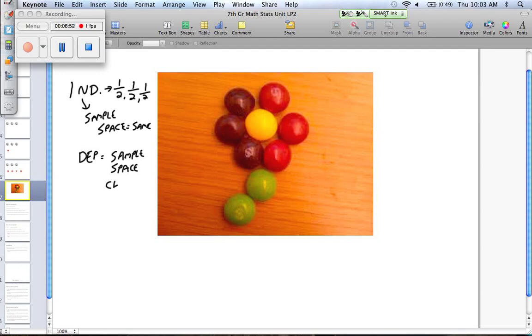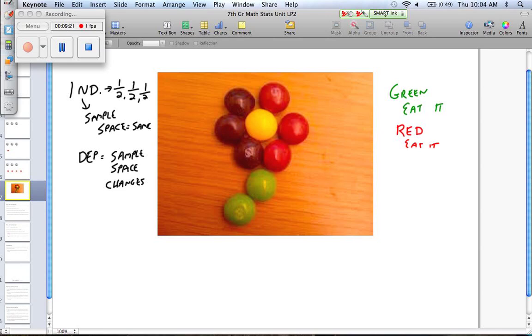So, here I have a group of Skittles. And I'm going to reach in and grab a green one. And then I'm going to eat it, because that's what you do with the Skittle. And after that, I want to grab a red one. And eat it as well.